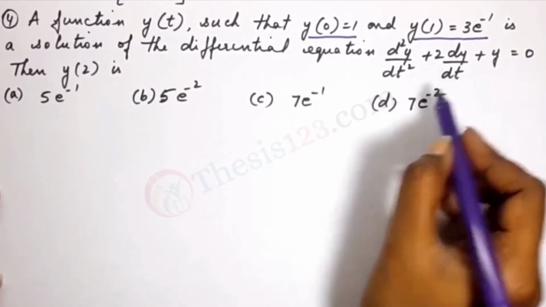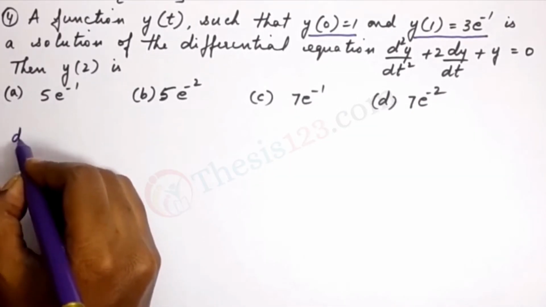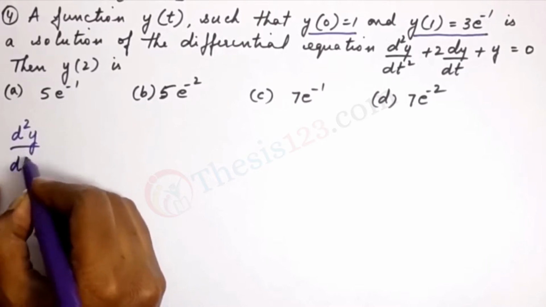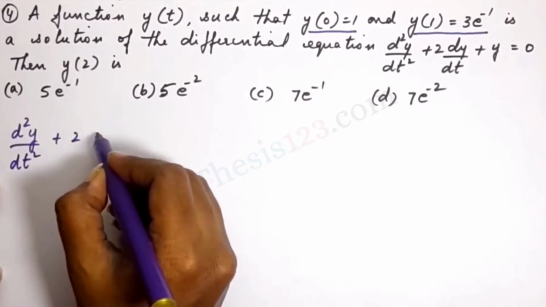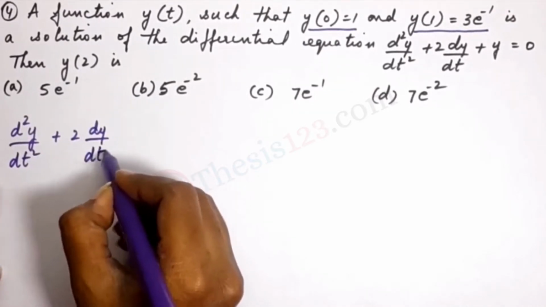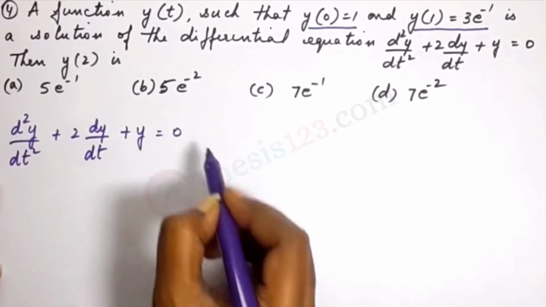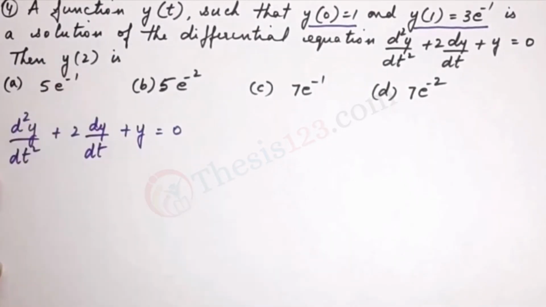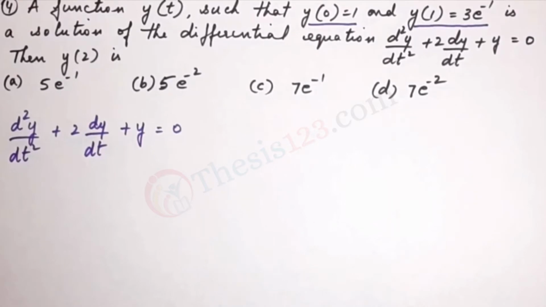So let's write the differential equation given here. That's d square y by dt square plus 2 dy by dt plus y is equal to 0. So we're supposed to find out what y of 2 is.